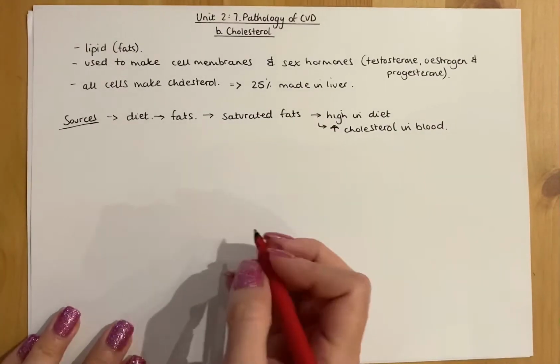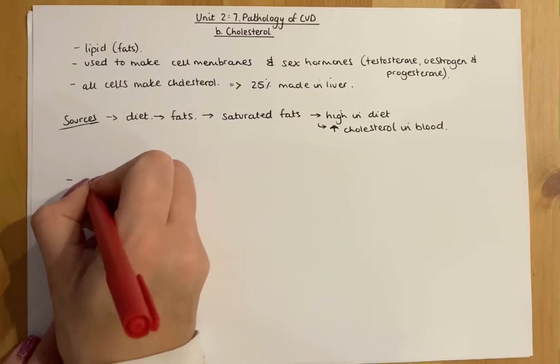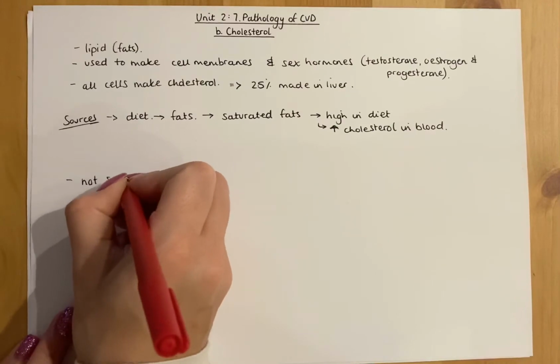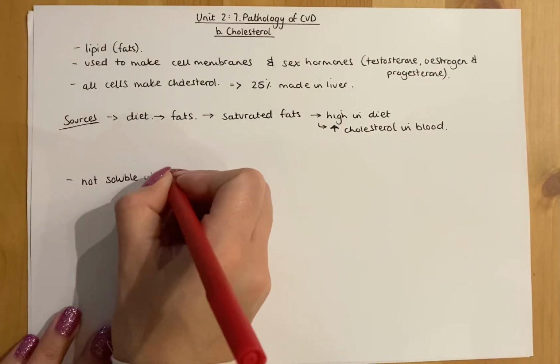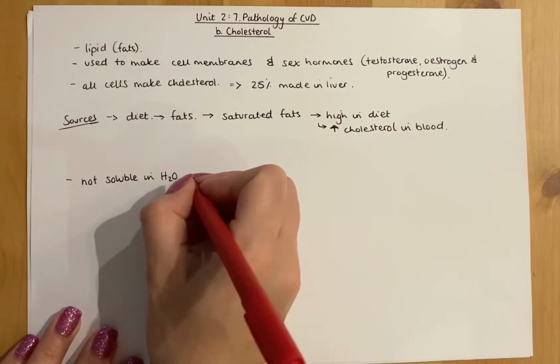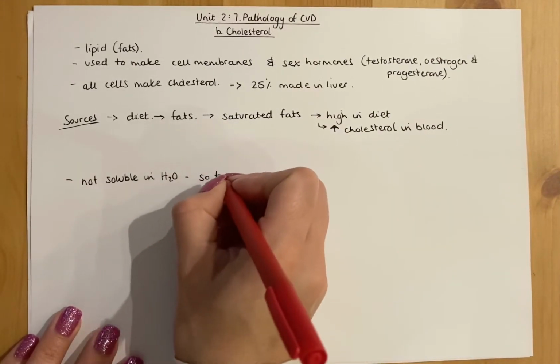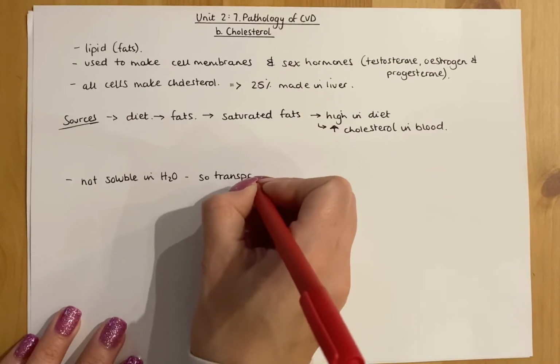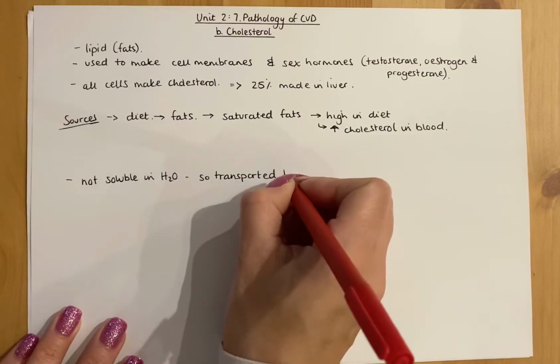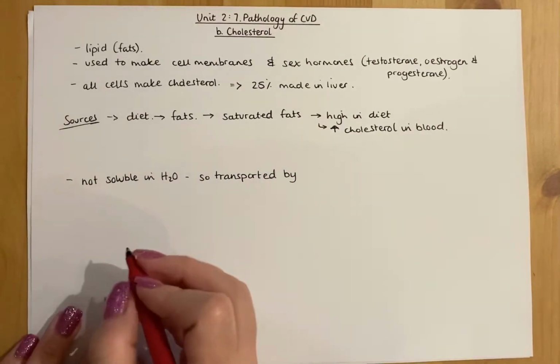Now, cholesterol, because it is a fat, is not soluble in water. And because of that, we need to transport it around by being carried on something else. So they're transported by being bound to things called lipoproteins. And there are two types.